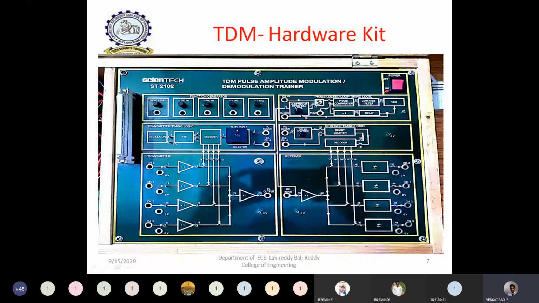So first we will observe how multiplexing is done. To perform multiplexing, there are 4 channels, that means 4 input signals. All these 4 input signals we must connect at these points like this. By using patch cards, we can directly connect the first, second, third, and fourth signals at these points.